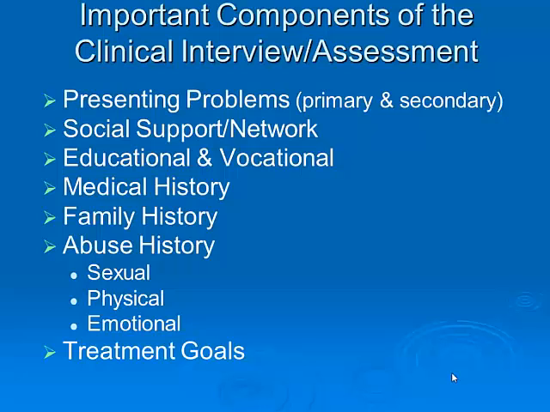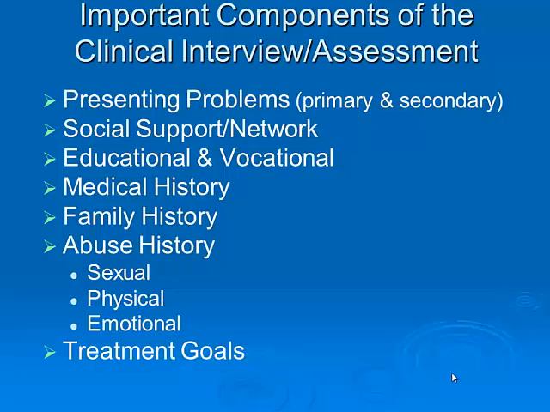So while one of the primary problems might be substance abuse, secondary problems may include marital discord, unemployment issues, self-esteem or self-worth kinds of issues. So it's really your opportunity as the clinician to understand what the presenting problems are, and that gives you some insight as to how you will focus your treatment in working with a person with a mental illness.